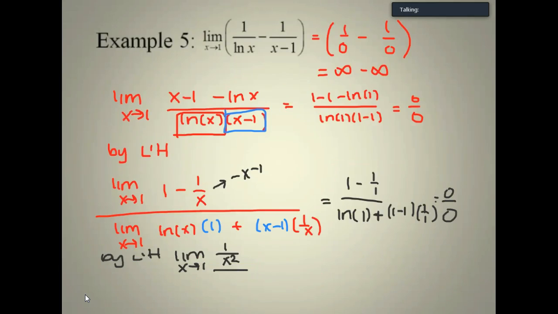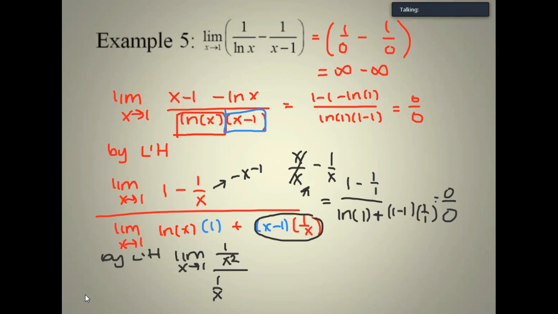And then if you take derivative of the bottom, derivative of natural log of x is 1 over x. And here, well, that's really like x over x minus 1 over x, because you can take the bottom and resplit it.